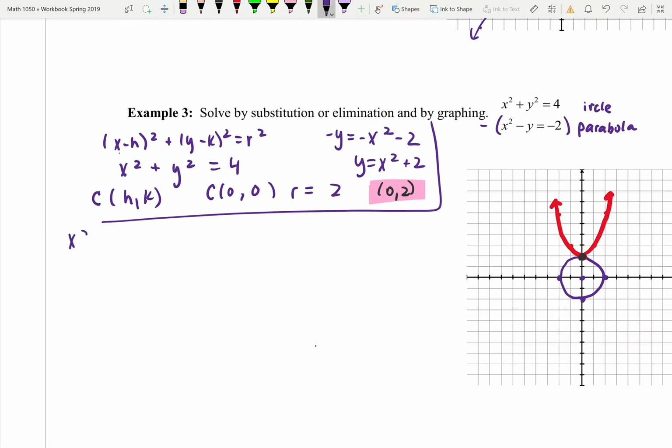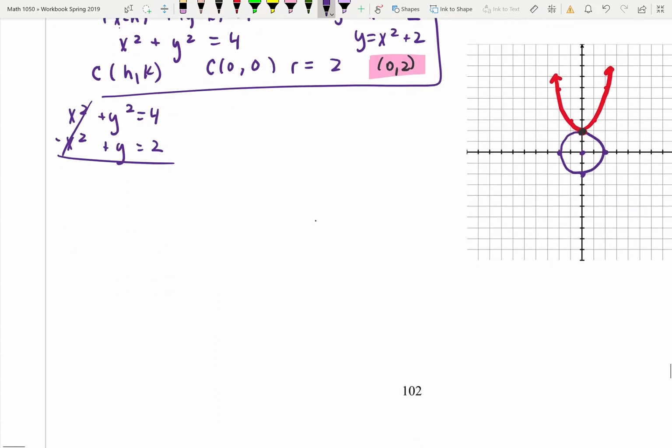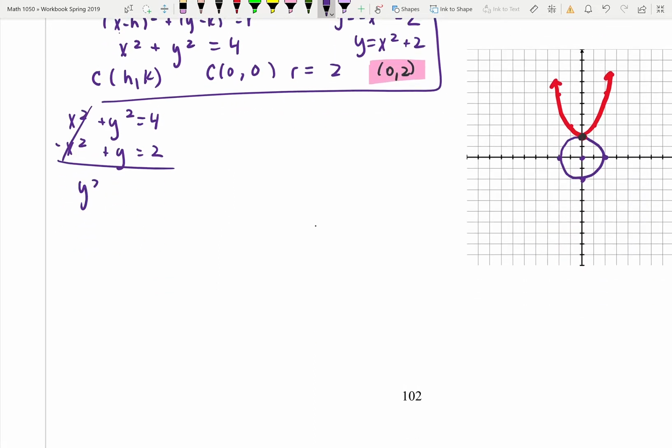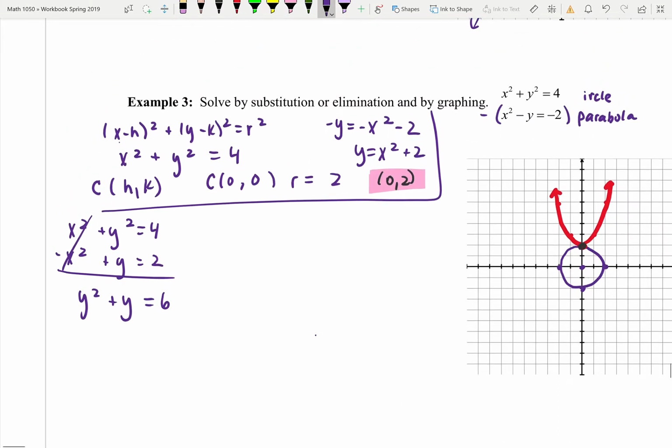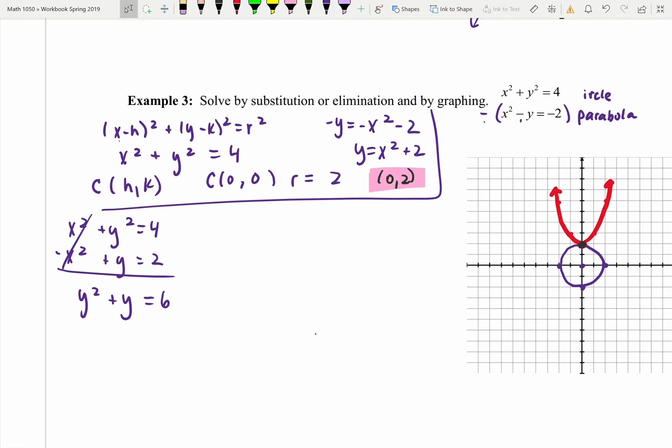So let's write down the first equation exactly the way it is. Distribute a negative and you get negative x squared plus y equals 2. The x squareds cancel. So now you have y squared plus y equals 6. It was a minus before and I changed it to a plus.